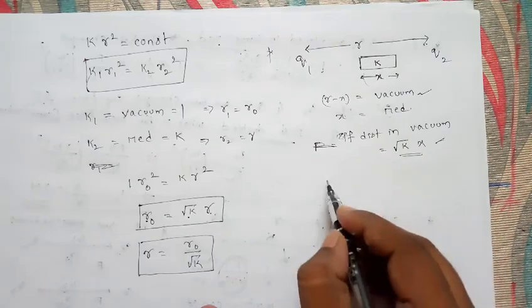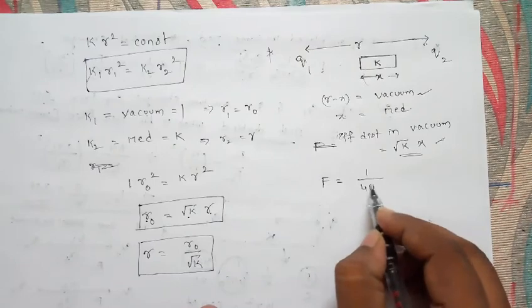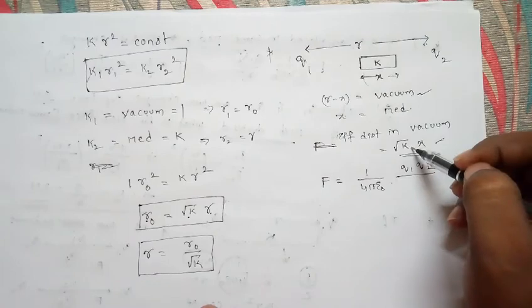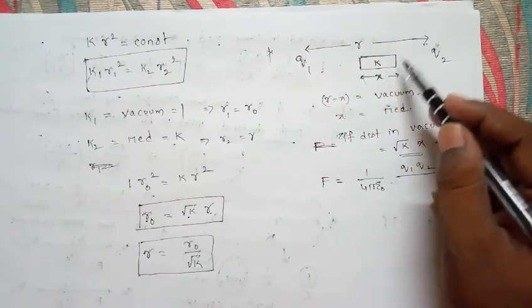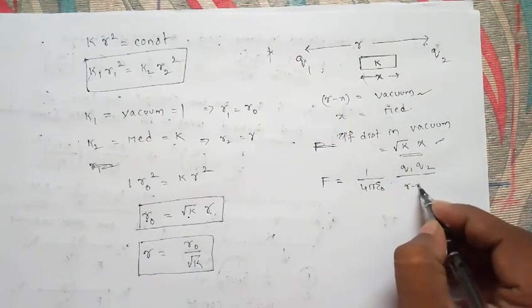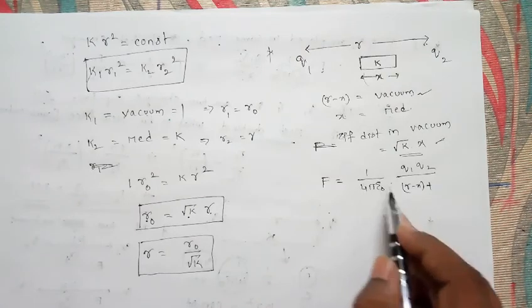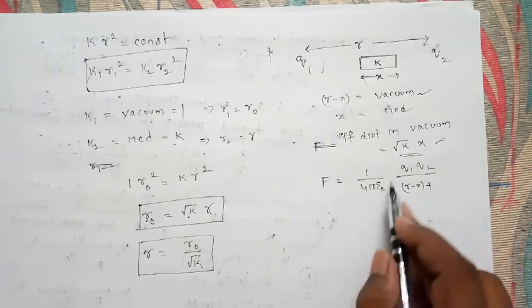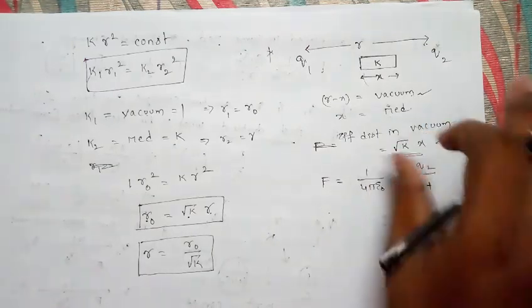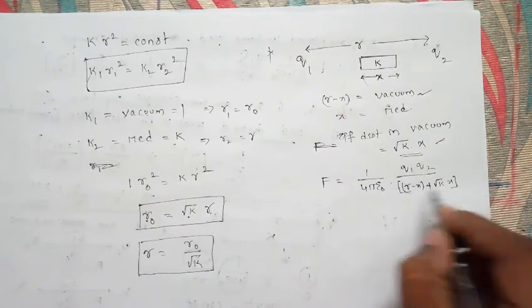Then the force we can write as F is equal to 1 upon 4 pi epsilon naught, q1 q2 by the effective distance in vacuum, r minus x plus root k x, whole square. Here we are not writing any k, because we are already taking the entire effective distance in vacuum itself.